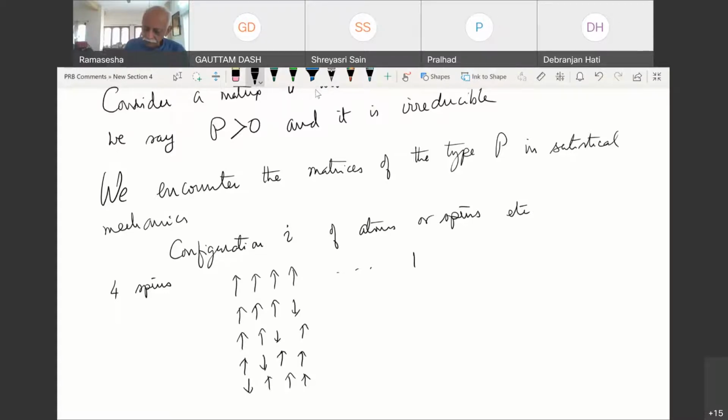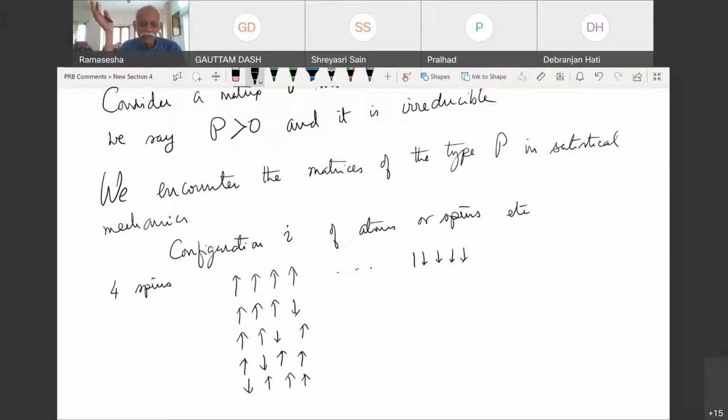So how many such configurations can you write down? When I have 4 spins of spin half, they can either be up or down. How many possible configurations can I write down? It's a trivial question. I'm asking for an answer.